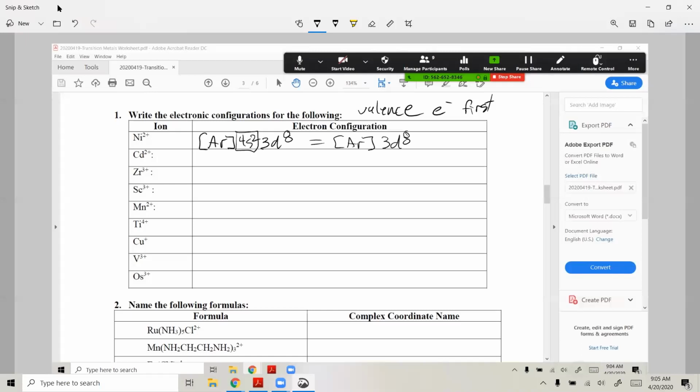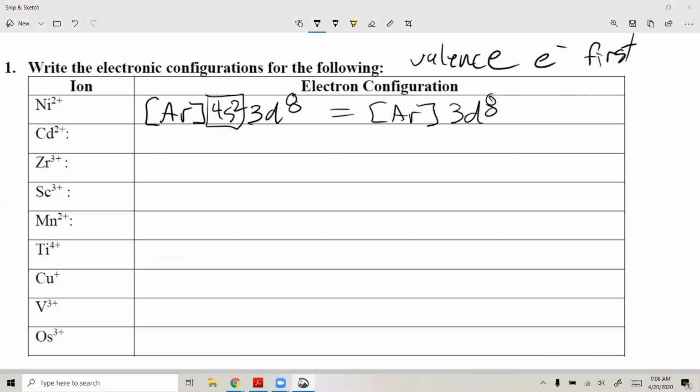All right. Can you guys still see the worksheet on my screen? Yeah. Okay.